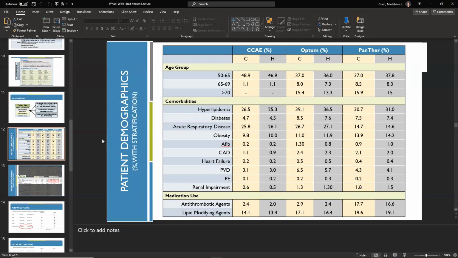So patient demographics, again, super important. And the reason why is because we need to know, is this study generalizable to other patient populations? Is this study generalizable to our patient population? And is there any bias or skewing of the data? So for example, say we're looking at, again, our patients with hypertension.